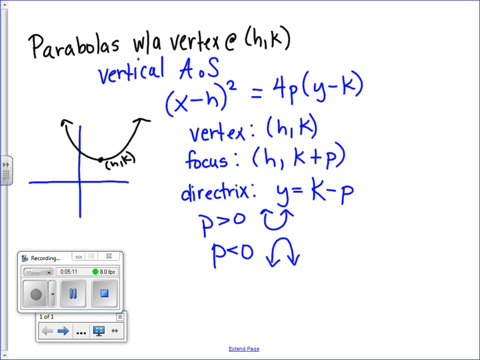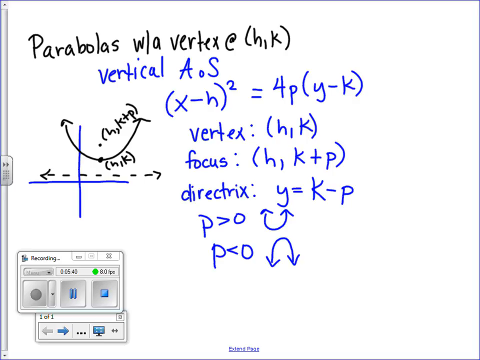Alright, so that's (h, k). This didn't go over any, so it's still at h, but it went up p units, whatever p is. If it's 2, it went up 2. If it's 11 million, it went up 11 million. Good luck graphing that one.